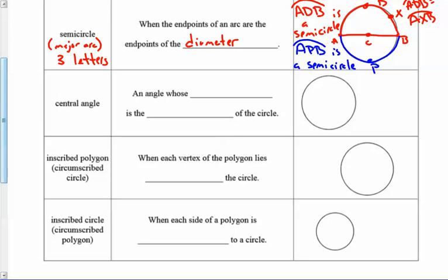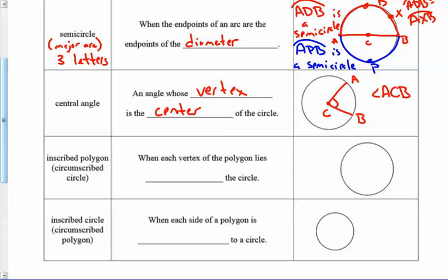Okay, so a couple last things here. A central angle is an angle whose vertex is the center of the circle. So a central angle has a vertex at the center. Alright, so we can talk about angle ACB, right?